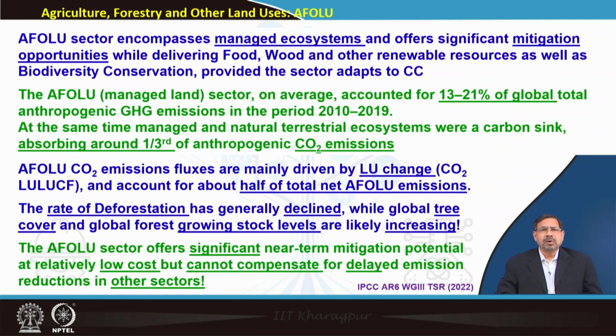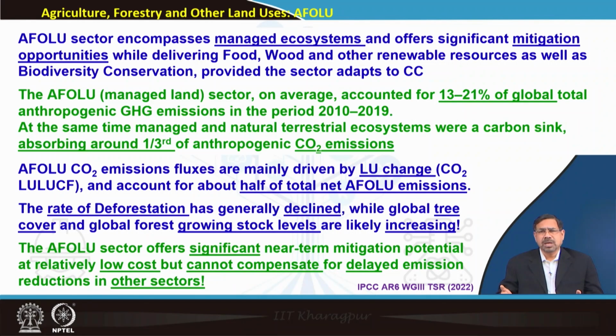So, AFOLU carbon dioxide emission fluxes are mainly driven by land use change and account for half of total net AFOLU emission. It has generally been seen that the rate of deforestation is declining, while the global tree cover, which we also measure with respect to the growing stock, is increasing.